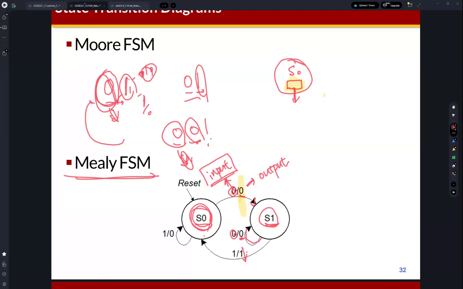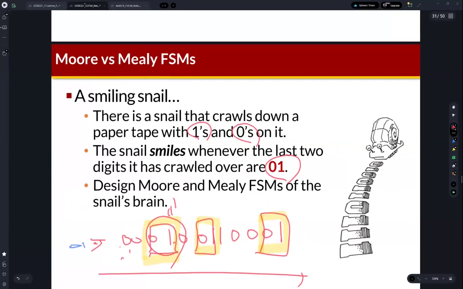Okay, so if the input is 1, then output is 1, and then it goes to S0. Then 1, it remains in the S0, and then 0, then it goes to the S1. So this is the Mealy FSM for this sequence.